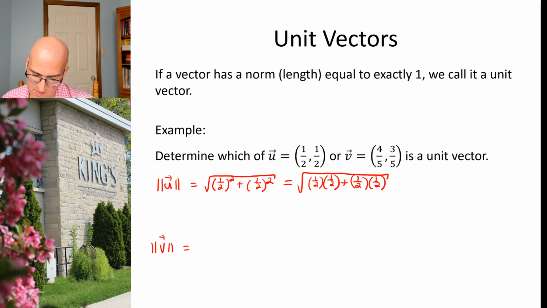Well, 1/2 times 1/2, we do top times top, 1 times 1 is 1, and then bottom times bottom, 2 times 2 is 4, so 1/4 plus, and the same thing for the next piece, 1/4. So that's the square root of 2/4. 2/4 simplifies, square root of 1/2.